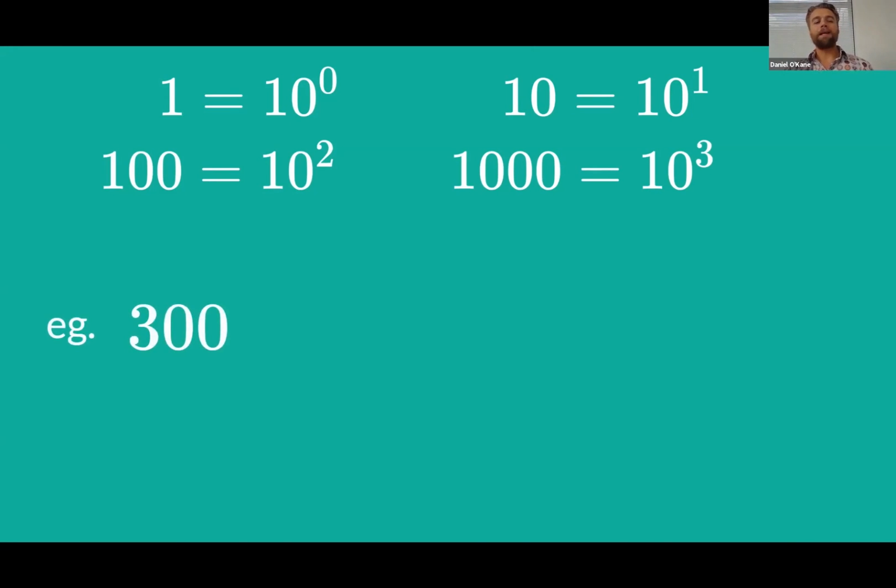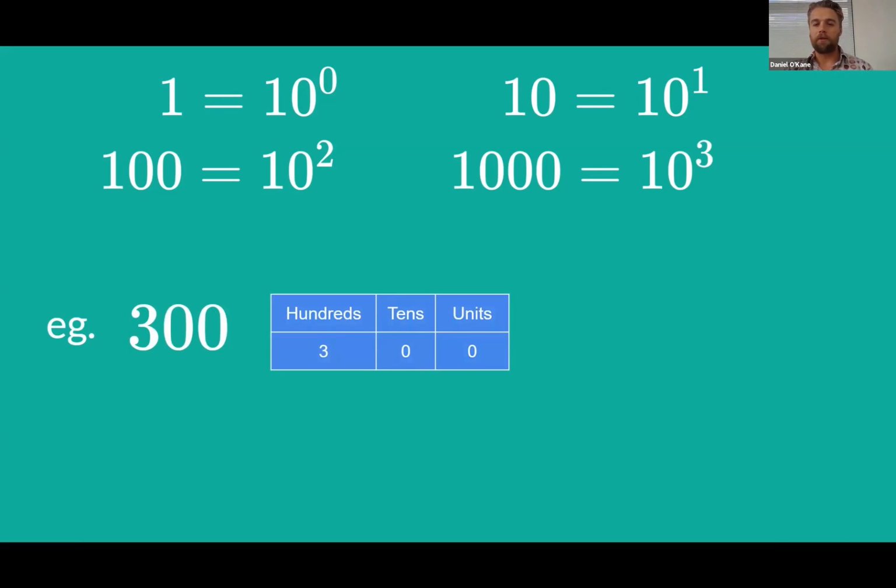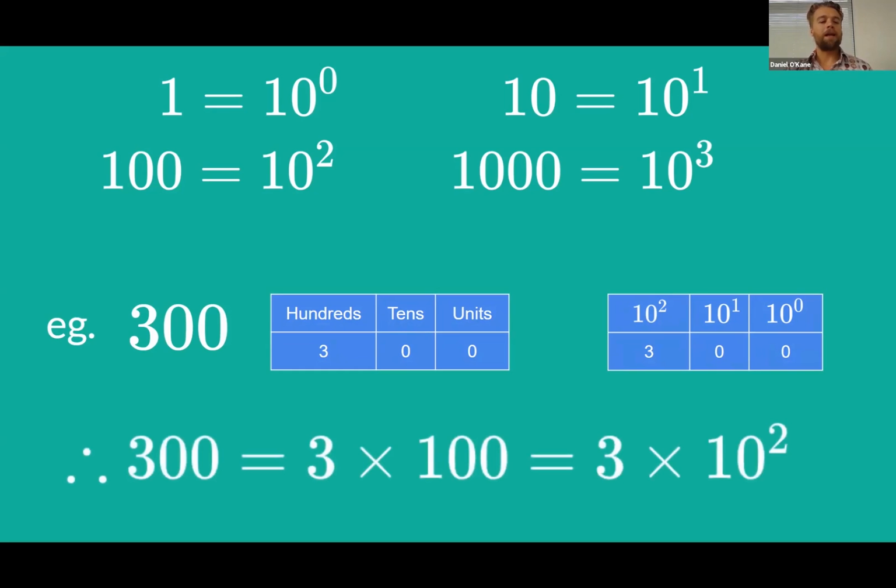It keeps growing larger and larger, the larger the number you're looking at. If I take a basic number like 300, you might remember this place value table. You probably would have seen it in late primary school, early high school. So 300 can be written as 3 hundreds, 0 tens, and 0 units. If 100 is 10 to the power of 2, a 10 is 10 to the power of 1, and a unit is 10 to the power of 0, I can write 300 as 3 hundreds.